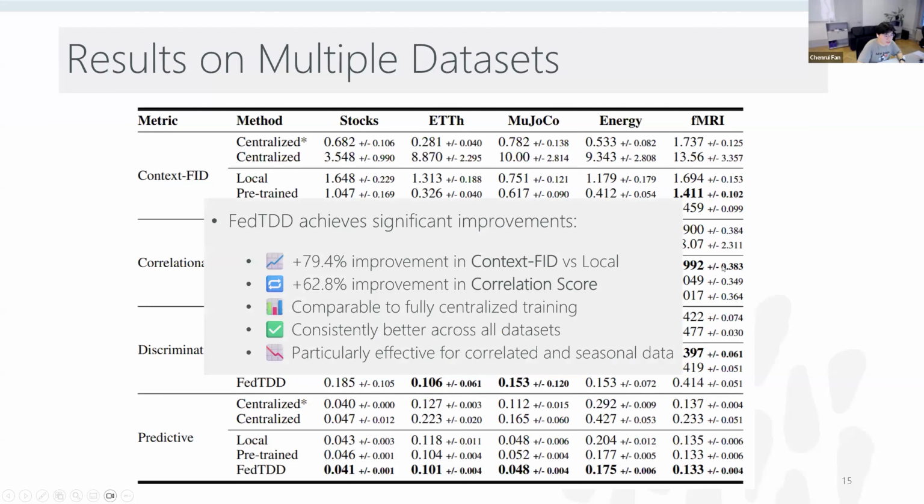So from this result, we know that compared to training local models in isolation, FedD improves context FID by 79% on average and the correlation score by 62%, showing that our framework can produce much more realistic and structured time series. And what's notable is that FedD performs almost as well as centralized training, even though no raw data is ever shared.